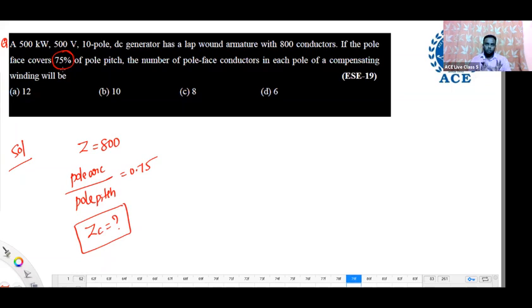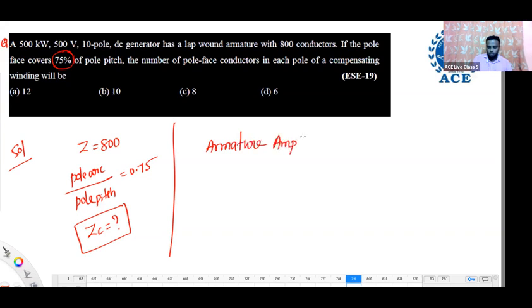So what you have to do is calculate the total armature ampere turns per pole. Multiply that armature ampere turns per pole with the pole arc to pole pitch ratio, 75%. So that much only the compensating winding will compensate.